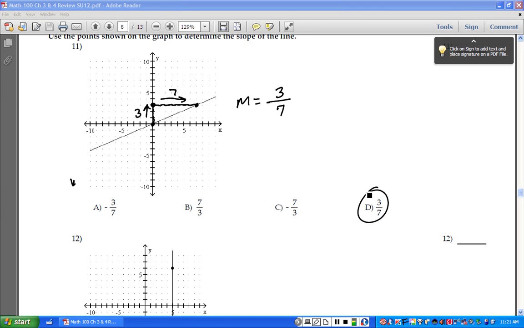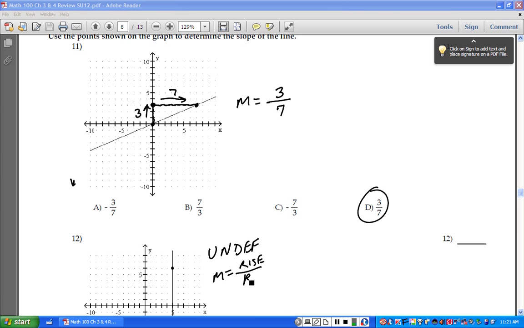Okay, 12, you're looking at your graph to find the slope. And we already know that a vertical line means that your slope is undefined. Now a way to prove it is slope equals rise over run.